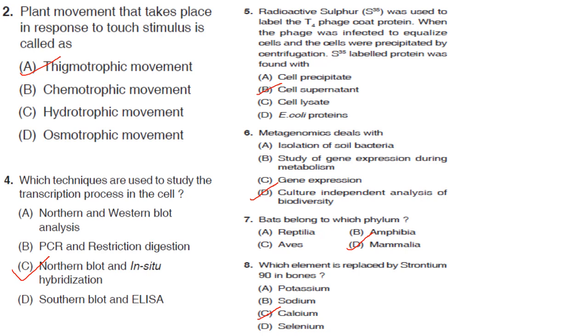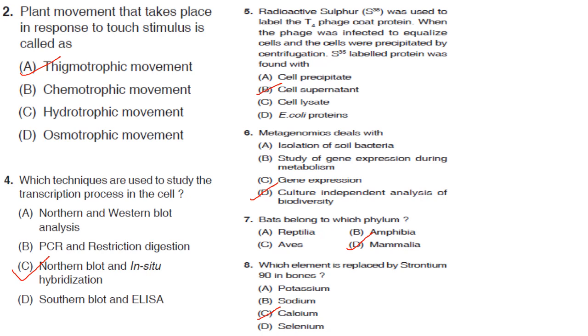Then next one. Radioactive sulfur was used to label the T4 phage coat protein. When the phage was infected to E. coli cells and the cells were precipitated by centrifugation, S35 labeled protein was found with. So the protein coat will not enter the infected cell.